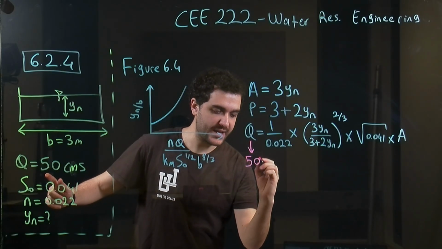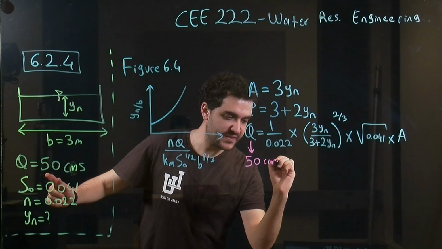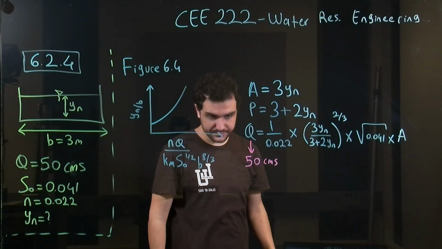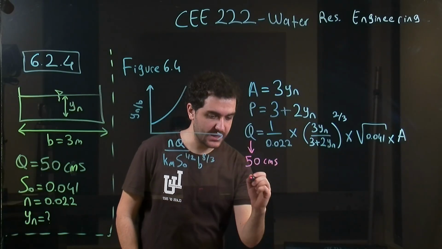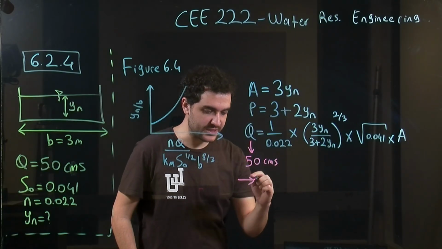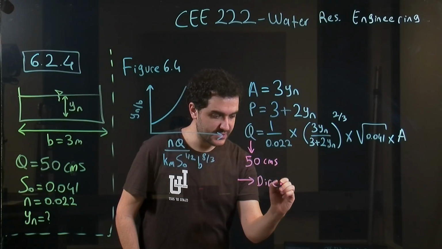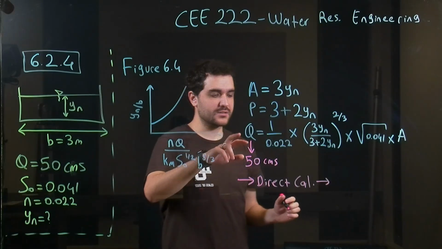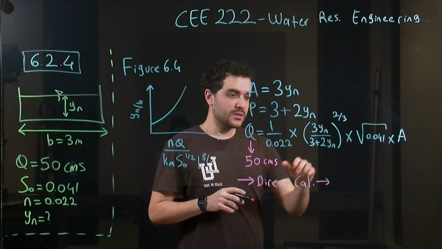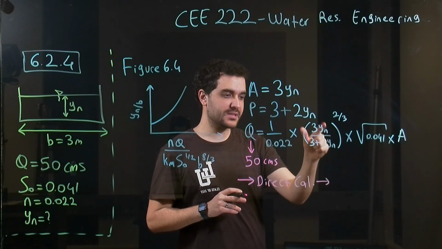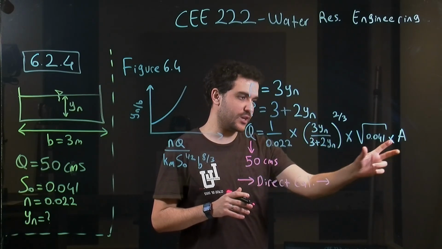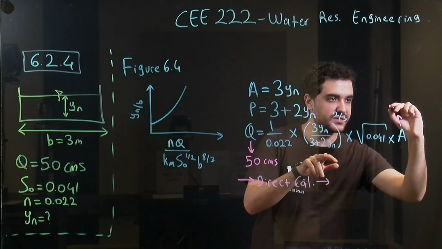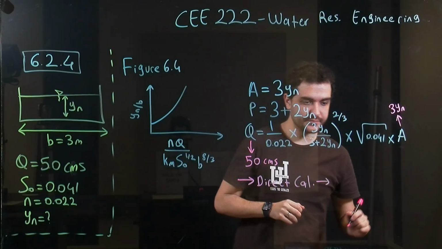So here we have 50 cms, 50 cubic meter per second flow rate. And we can use two calculations. The first one is direct calculation. If you use your calculators, since we only have normal depth as unknown, and we have other values, this is also 3yn.